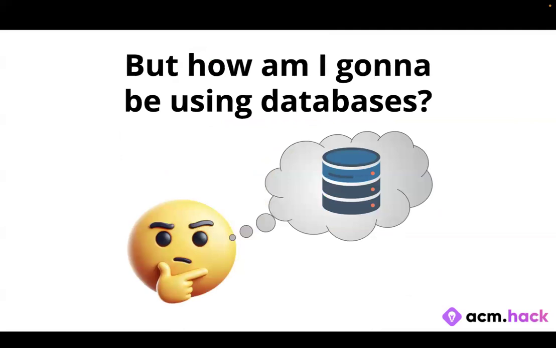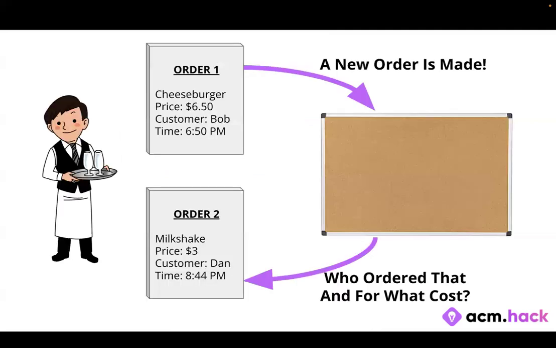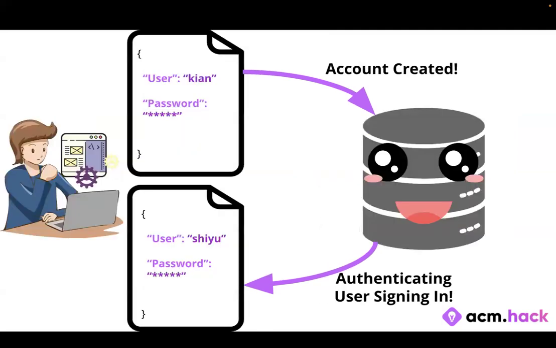Okay, that's all great, but how am I going to be using databases in my project is probably what you're thinking. Just as a waiter in your restaurant might use the bulletin board to store and access information when a new order is made, or to find out who ordered that and for what cost, you as an iOS developer would use the database to store and access information having to do with accounts.